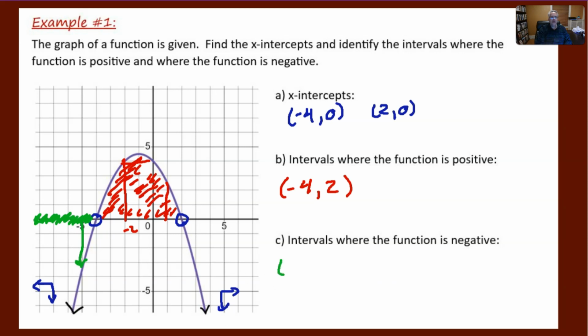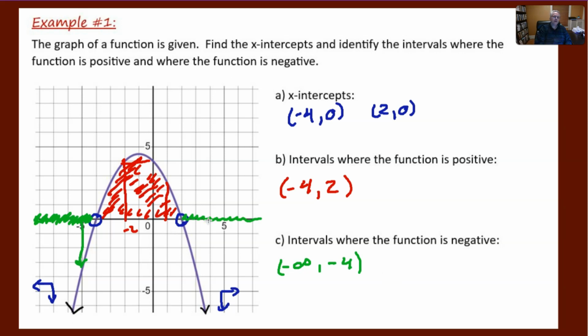So from -infinity, because remember this function keeps going to the left and down forever, up to -4, that intercept, the function is negative. But it's also negative for these values, where it goes up and dips below the x-axis.